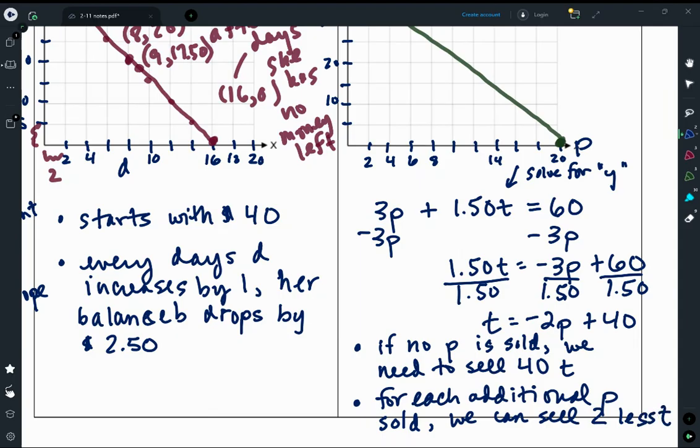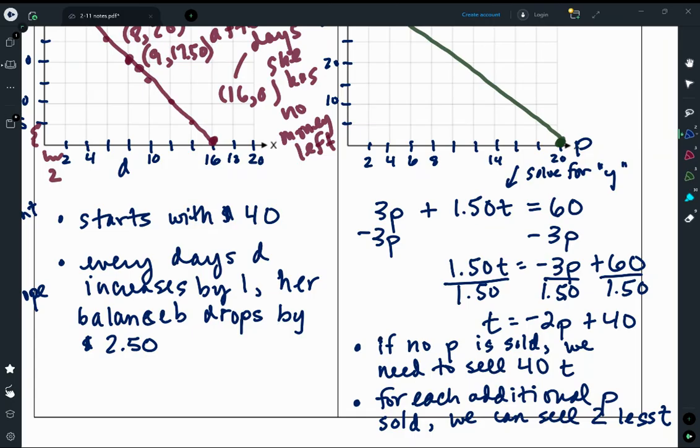And again, this one's a little bit strange because it's assuming that we want to make exactly $60 and not more than that. So for each additional popcorn that we sell, because our slope is a negative 2 here, we can sell 2 less teas. So that's what that slope is meaning in this case.